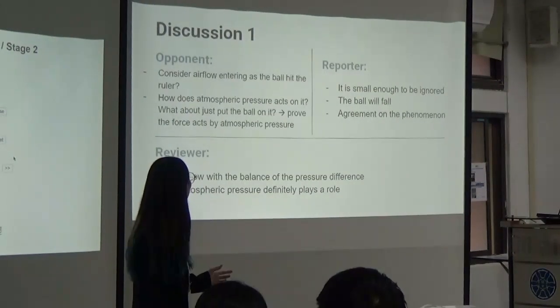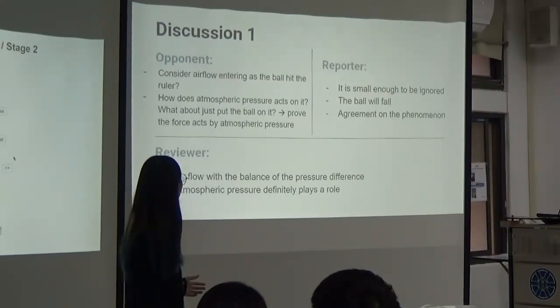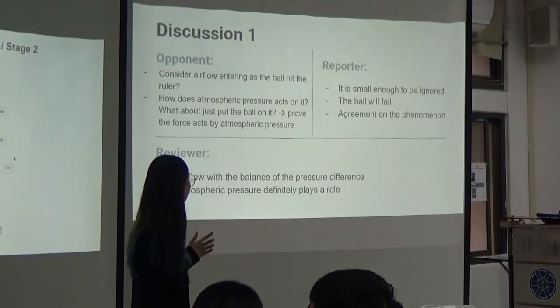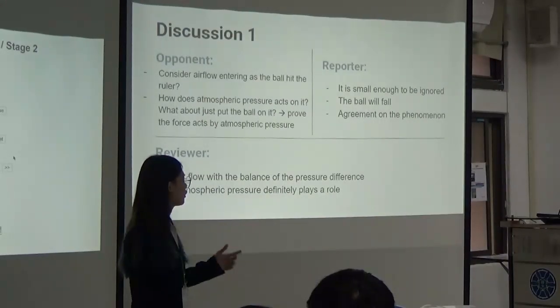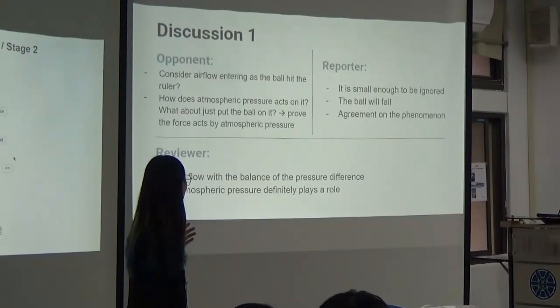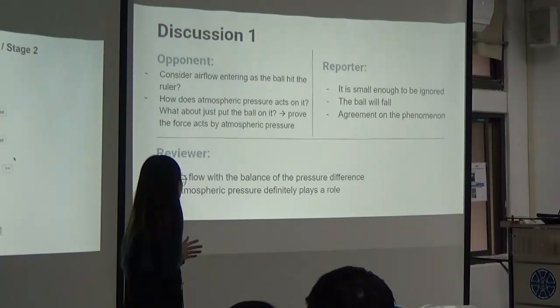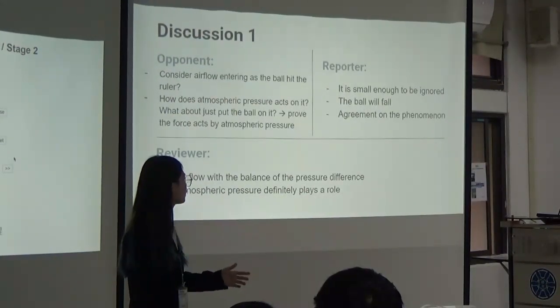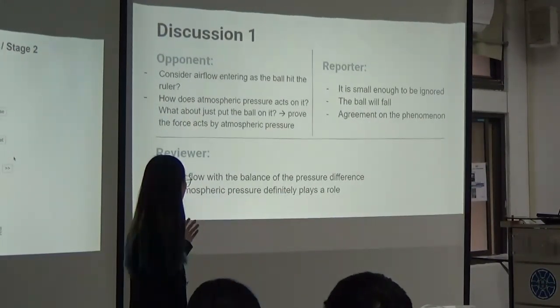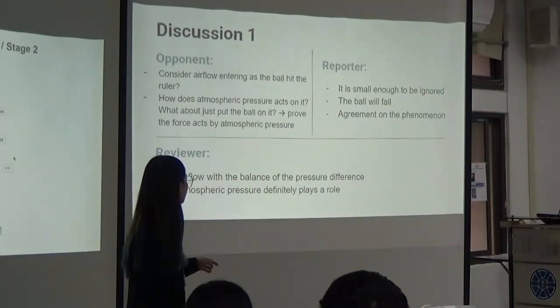They first discussed the airflow entering as the ball hits the ruler, and the opponent also asked how the atmospheric pressure acts on the ball. The opponent also used a ball put on the ruler to explain this phenomenon.